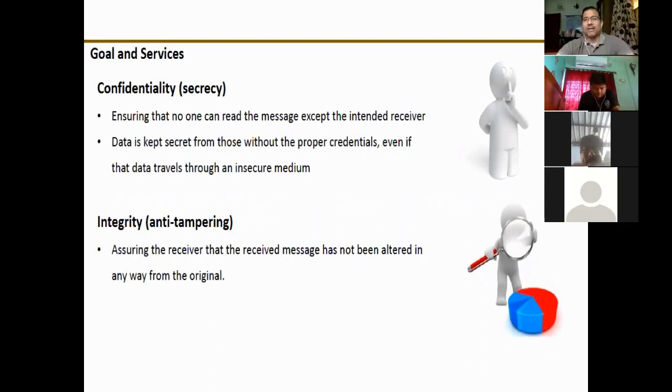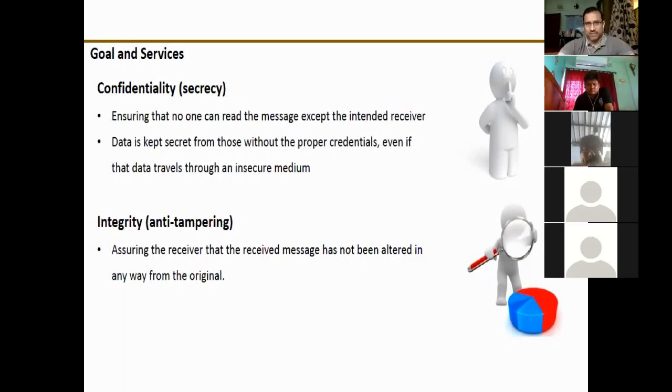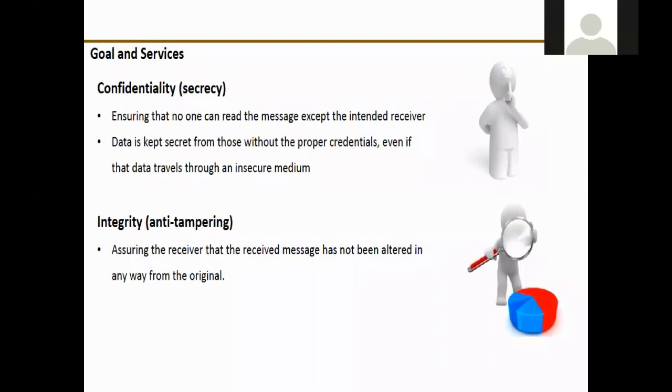A man in the middle means a third party who drops into your communication and tries to do either a confidentiality breach or an integrity breach. A proper cryptography algorithm will prevent both: the confidentiality of your message, and the integrity of your message, meaning it cannot be modified or tampered with by any third party.